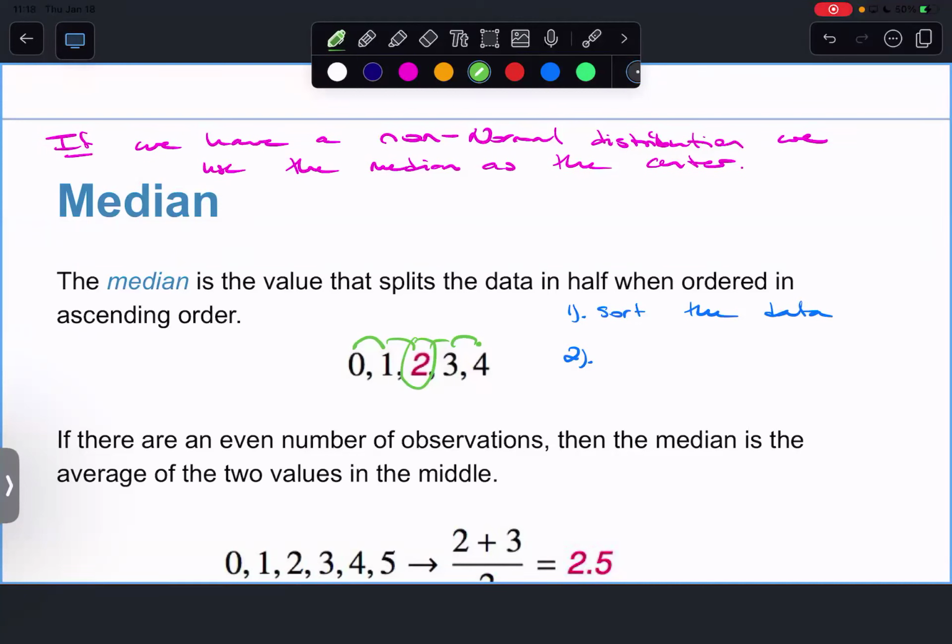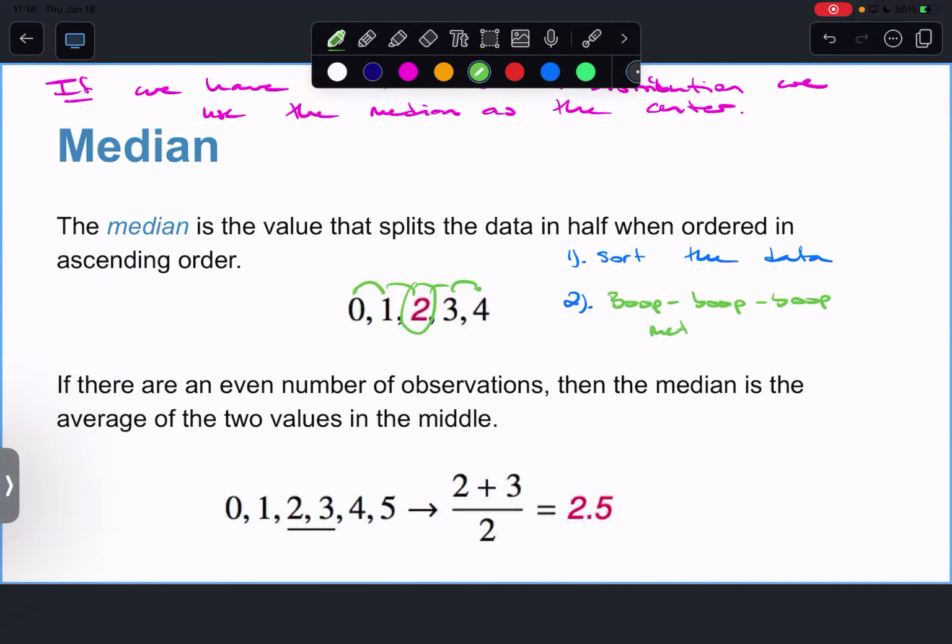Anyone who wasn't here is going to say, boop, boop, boop doesn't mean anything to me. That's okay. I don't know how else to say it. I call it my boop, boop, boop method to find the center.